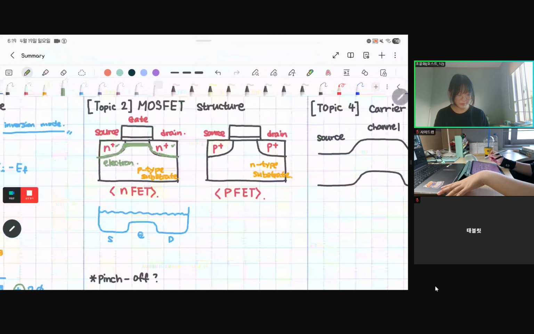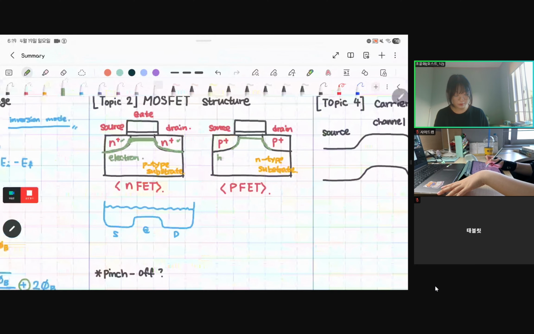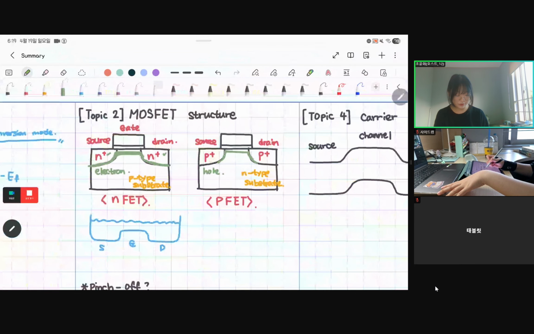Likewise in the PFET, when the channel is made, the majority carrier is hole, because we used heavily doped P-type semiconductor in source and drain.